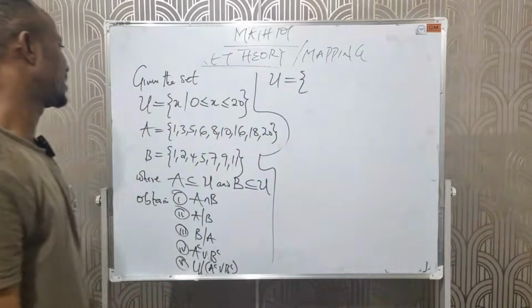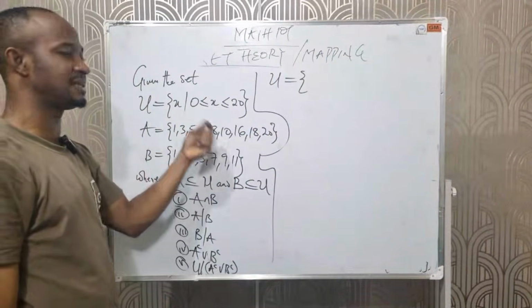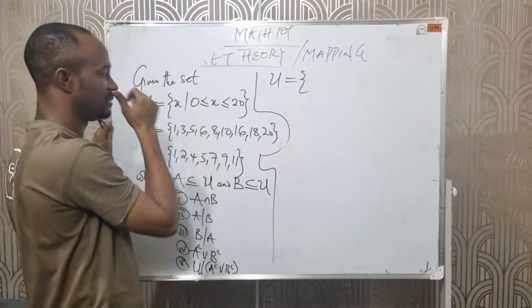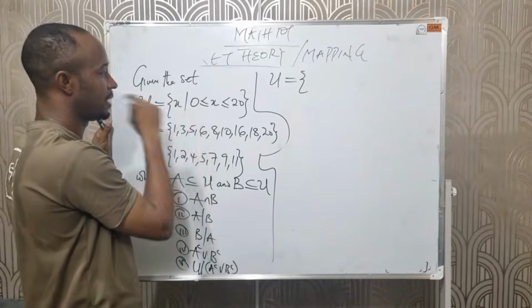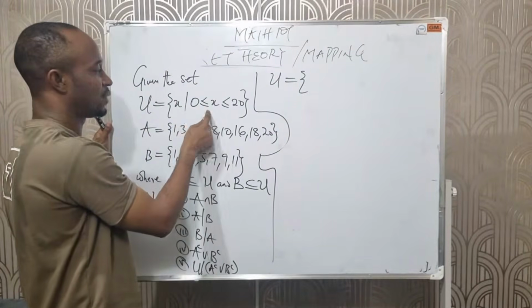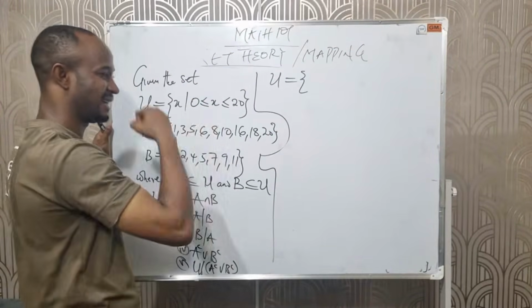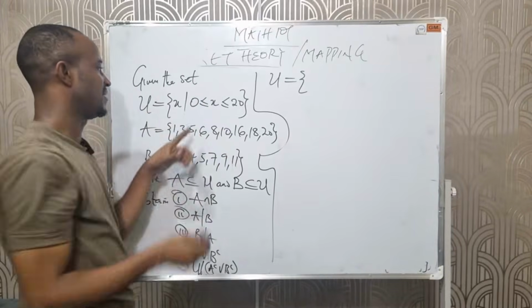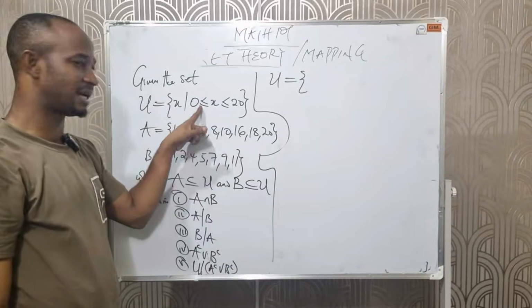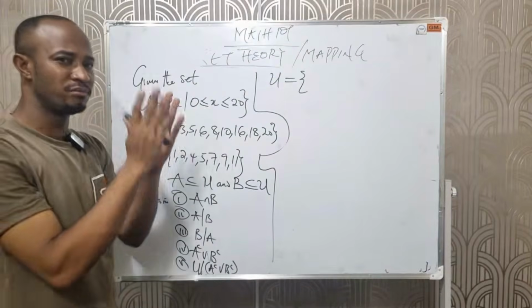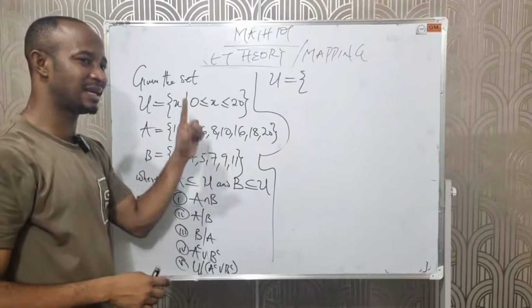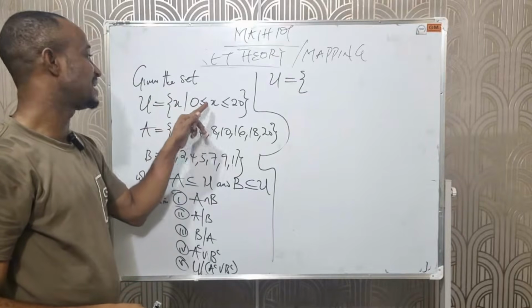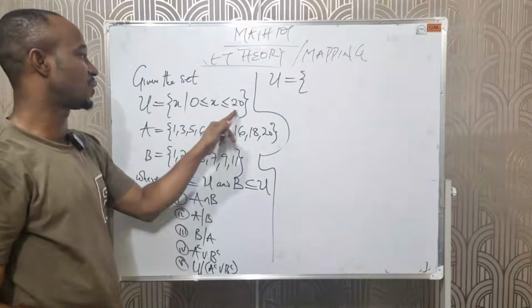We are told that x is such that 0 is less than or equal to x. The words less than or equal to simply mean 0 is involved. If 0 is less than or equal to x, that means x is greater than or equal to 0. And that same x is less than or equal to 20.